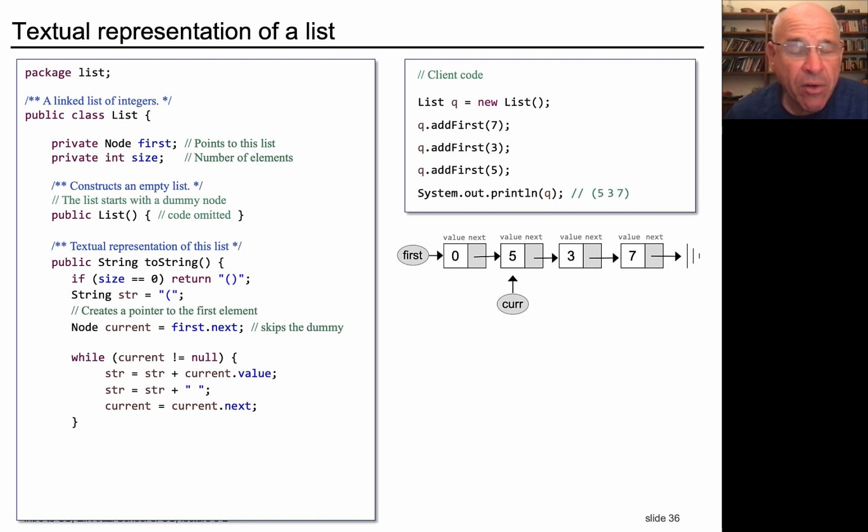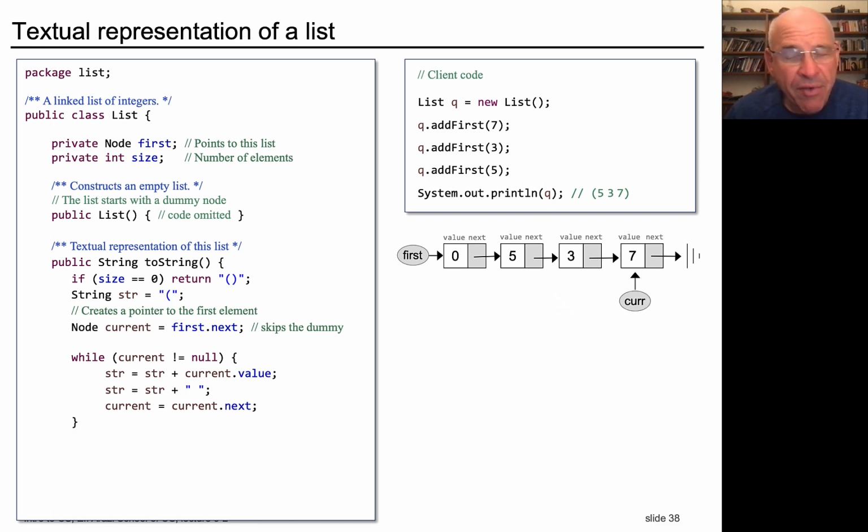So far, this string contains only left parenthesis. So I do str plus current.value, which will give me 5, and then I add a space, and then I advance current. How do I advance current? I say current equals current.next. I will get this. Well, it is still not null, so I append 3 to the end of my string. I advance to the next element.